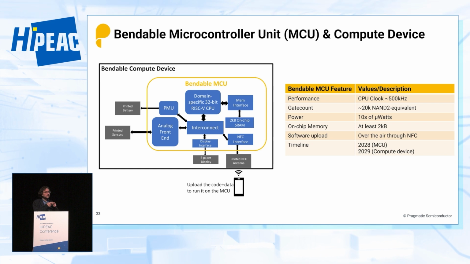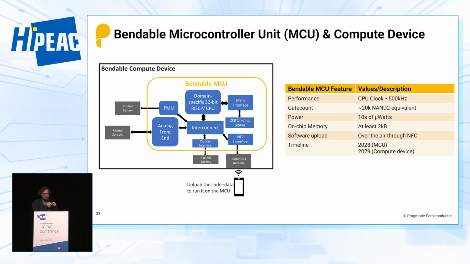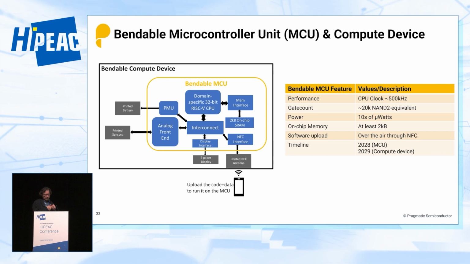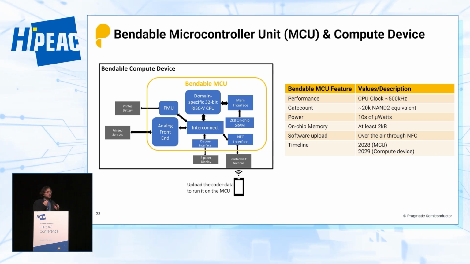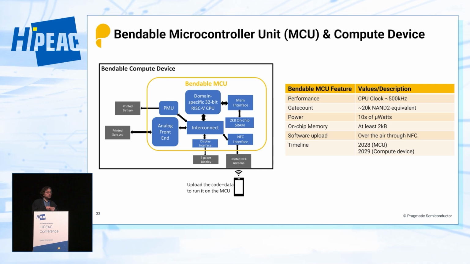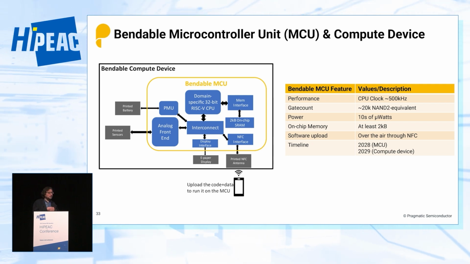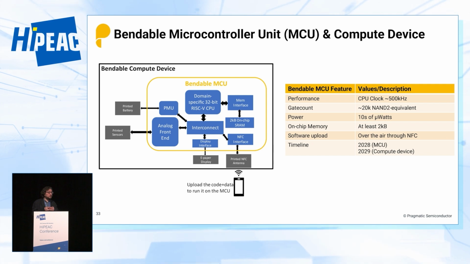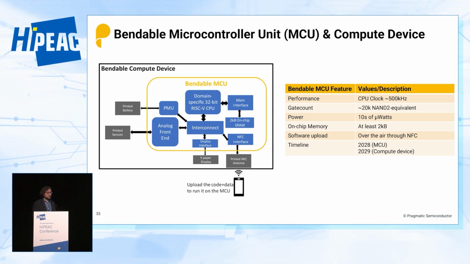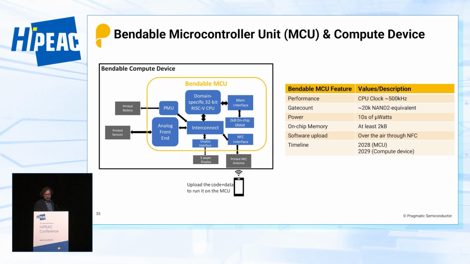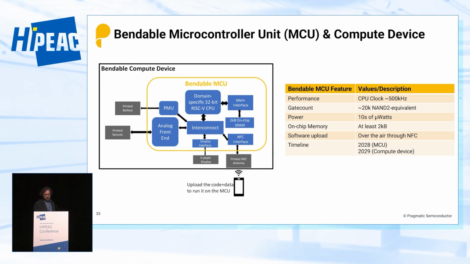Essentially, a very tiny compute platform that can be programmed through NFC. You can imagine an Arduino platform, but you use your smartphone to program it, and it should be extremely low cost, maybe less than $1 for the whole thing. We will also have some on-chip memory here. We didn't have it in FlexRV.